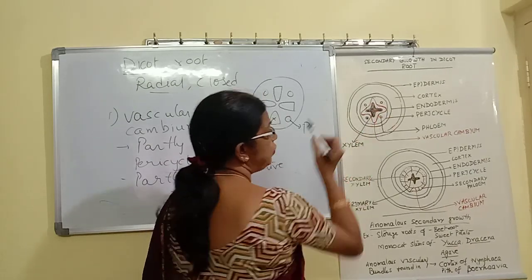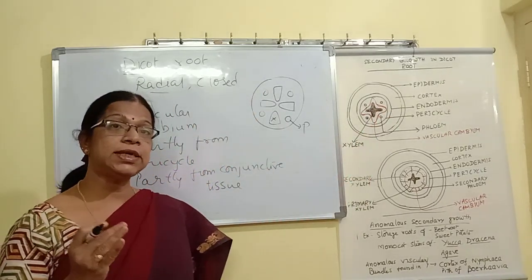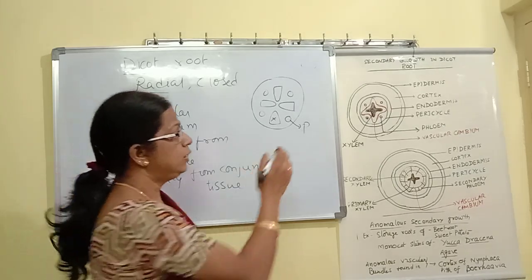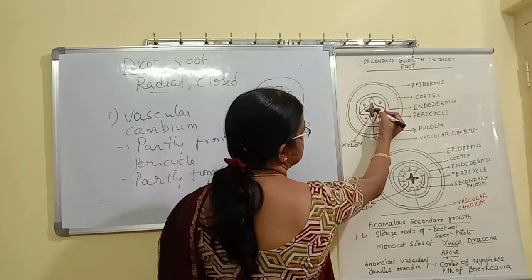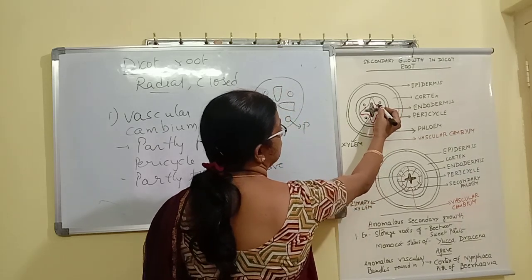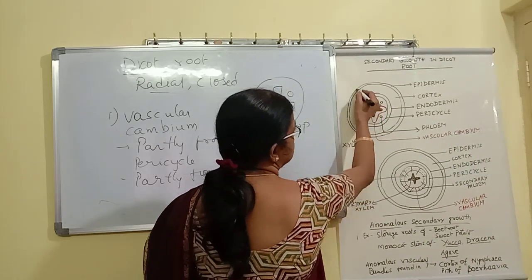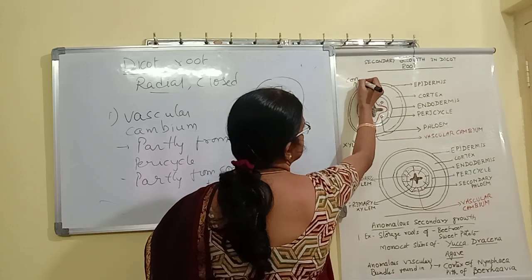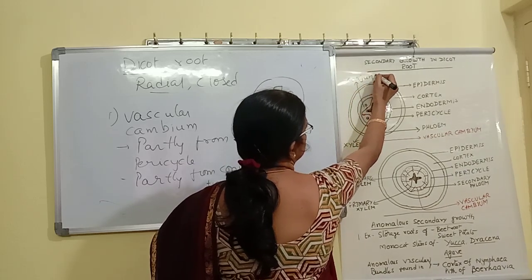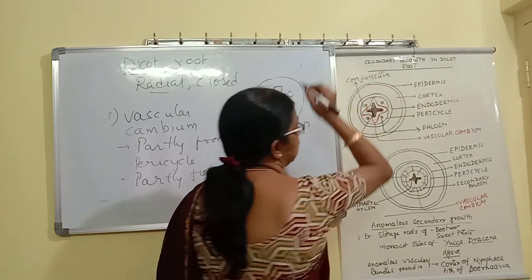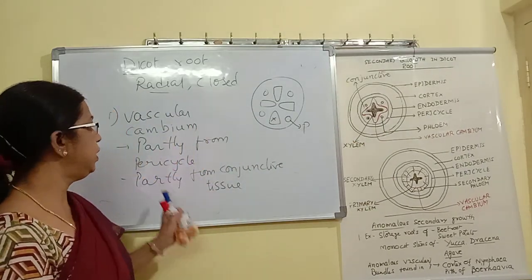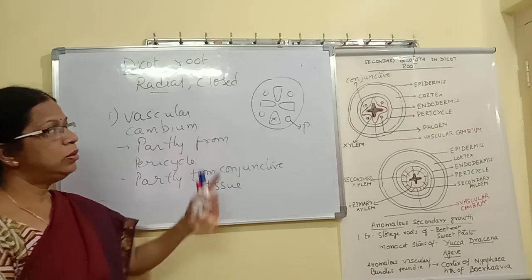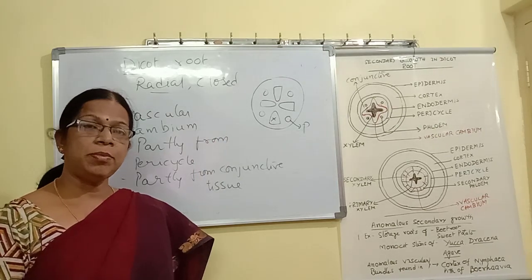Conjunctive tissue is the tissue present between xylem and phloem in the root. This is xylem and this is phloem, and in between is what we call conjunctive tissue. So partly from pericycle and partly from conjunctive tissue, the vascular cambium is formed.